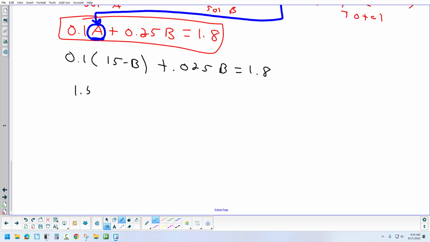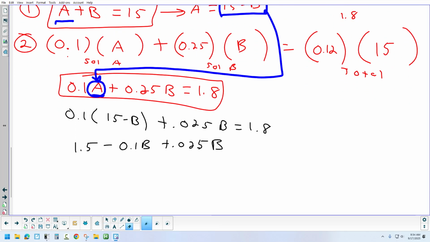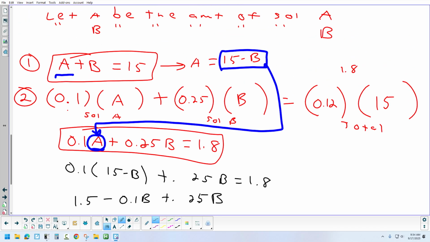0.1 times 15 is 1.5. Minus 0.1b, plus, I'm sorry, I put an extra 0. I didn't mean to do that. 0.25b, just copy it down from up above, equals 1.8.